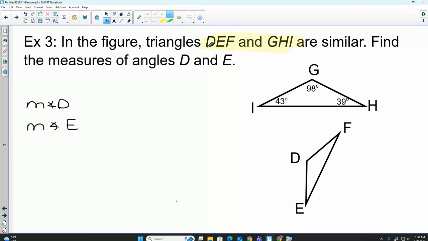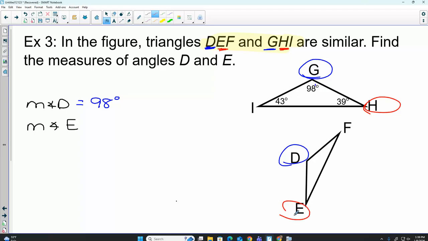Since D is listed first, it's the same as the first angle over here. So D and G would have to have the same measure. So angle D has to be 98 degrees. I also need E. E is the second letter, so it's the second angle over here. So E and H have to be the same. So E is 39 degrees.